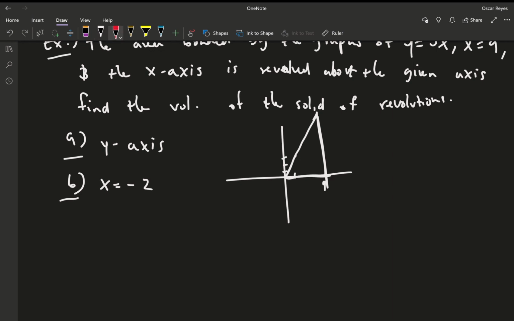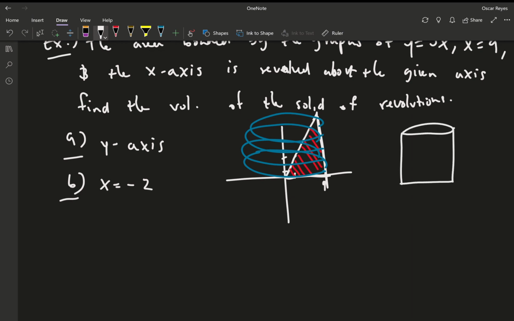So this is the area that's going to be revolved around the y-axis, like this. And it's going to create a 3D shape that's going to look something like this. Basically a cone in the inside.